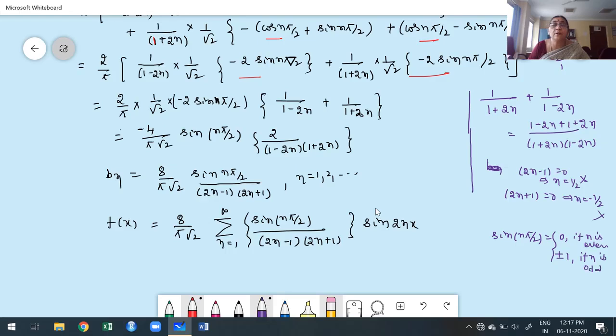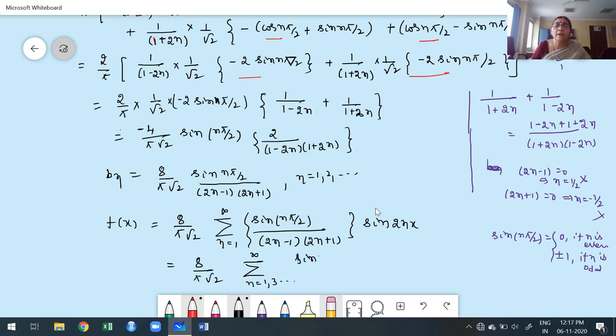Therefore, it is not necessary to take even cases here, because sin n pi by 2 being 0 means the entire product must be 0. If we want to simplify further, pi by root 2 outside, right? This is nothing but n ranging only over odd values 1, 2, 3, etc. to infinity, because sin n pi by 2 is 0 for even n, so the entire term must be 0.